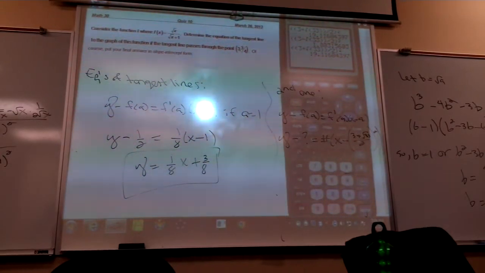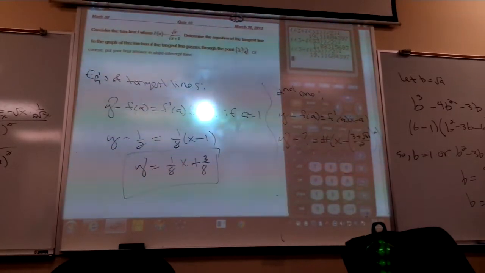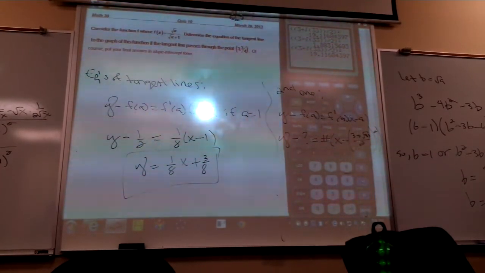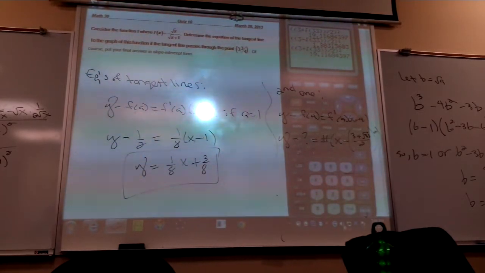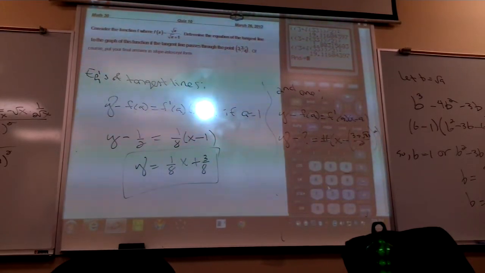And I'm going to evaluate my function at that particular value of a. So I want root x over root x plus 1. Actually, do you guys think I could store this real quick? Can I just store this into a letter? How about A?